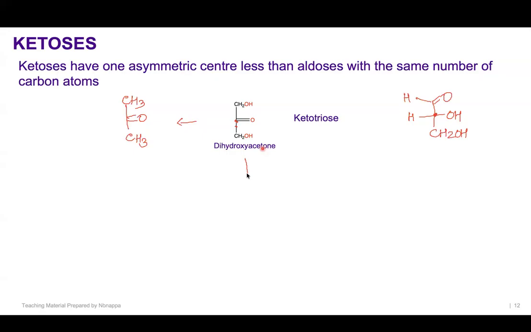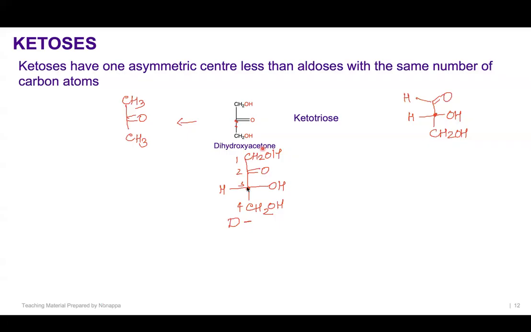So what will our tetrose be if we want to write it? Now we have a D. I'm talking about D. It's a tetrose because we have 4 carbon atoms, and it is a D sugar.